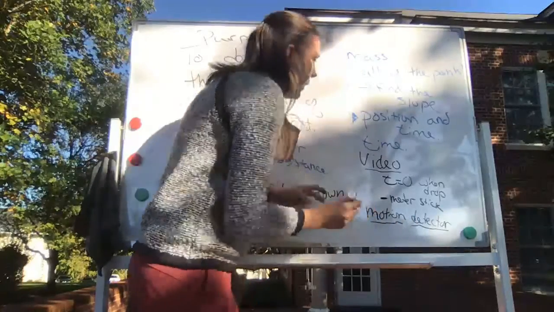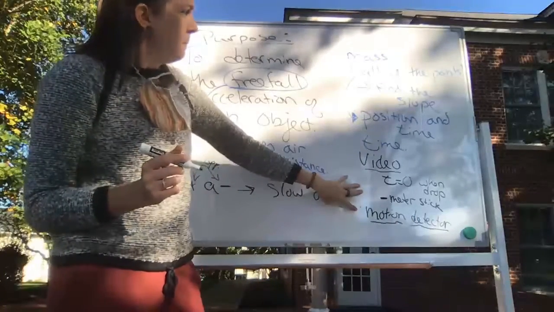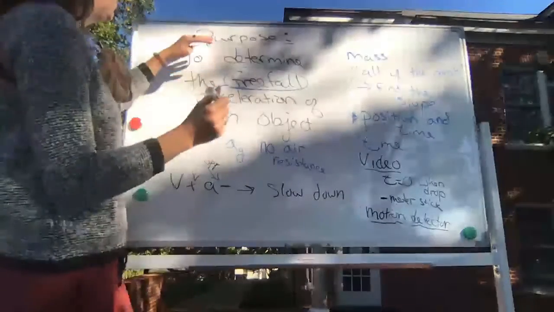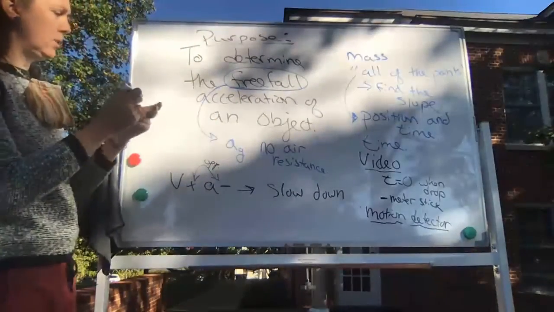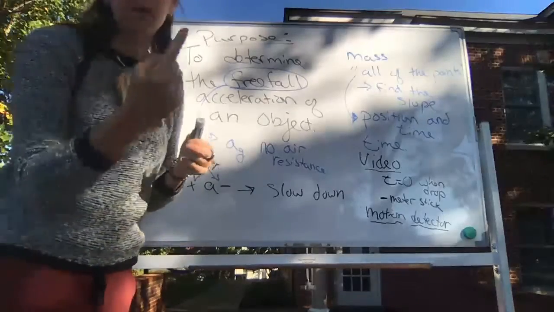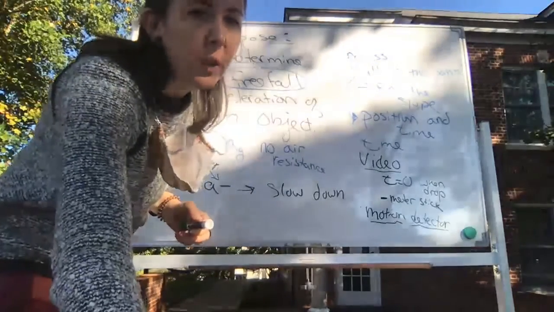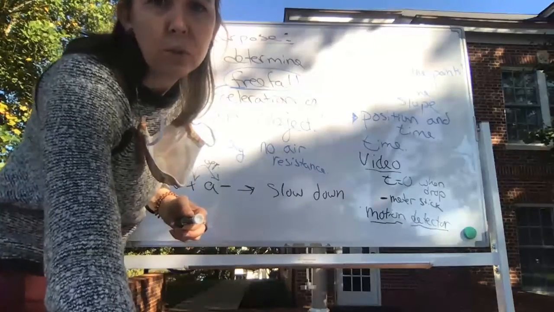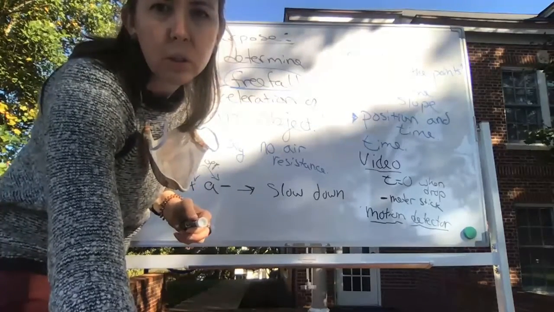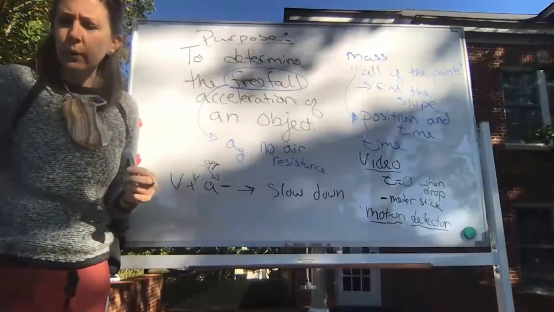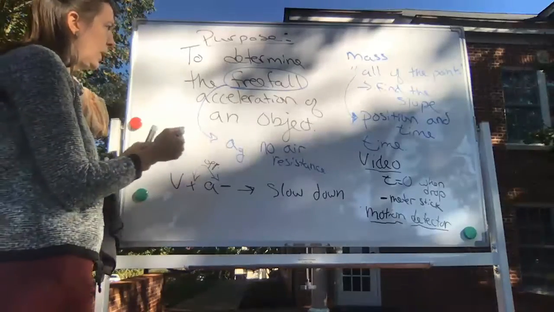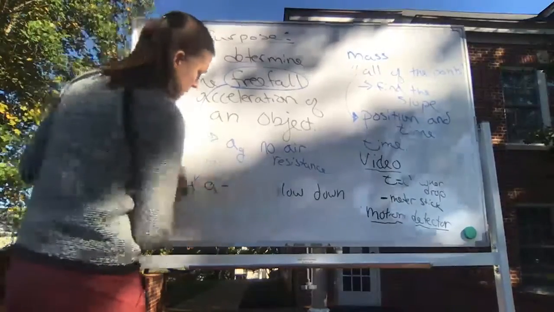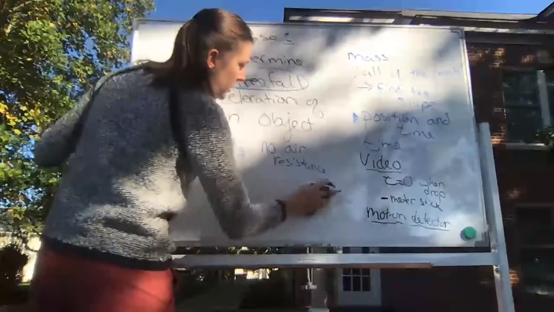All right, so if the first part is to determine the free fall acceleration of an object, part 2 is going to be to pick a variable to change.